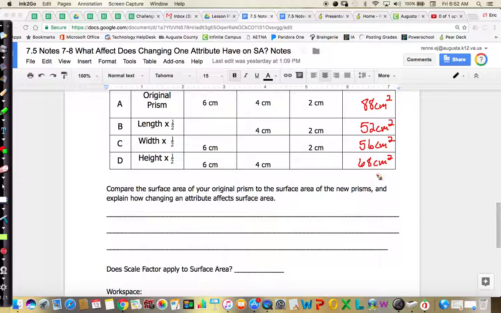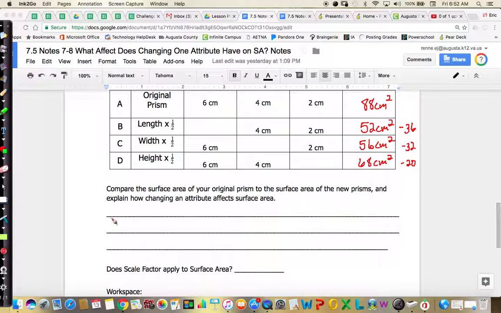No. So it does not have the same effect as volume. But what we can do is see if it increased or decreased, and this looks like it went down by 36. This one went down by 32, and then the last one went down by 20.